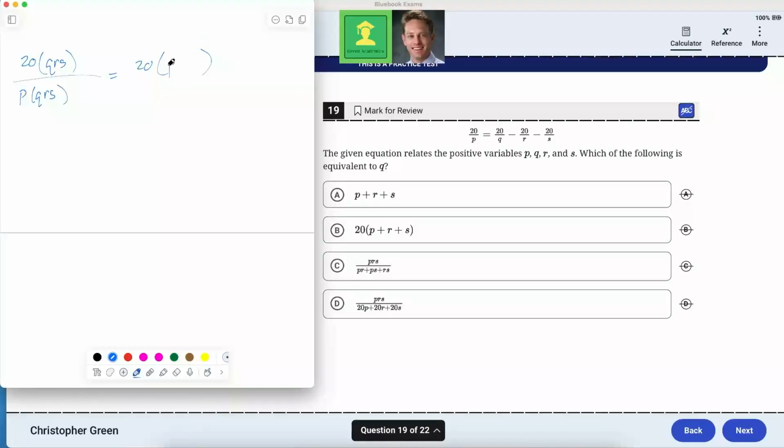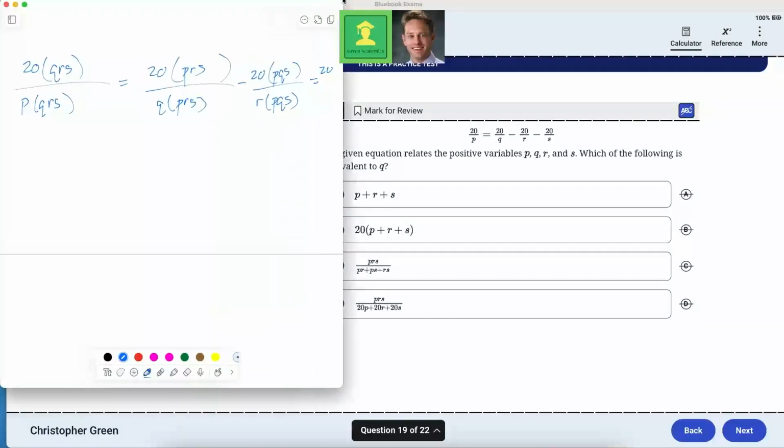So this is PRS over Q times PRS minus 20 times PQS over R times PQS equals 20 times, a little sloppy here, but I'm going to write it up here, 20 times PQR over S times PQR.